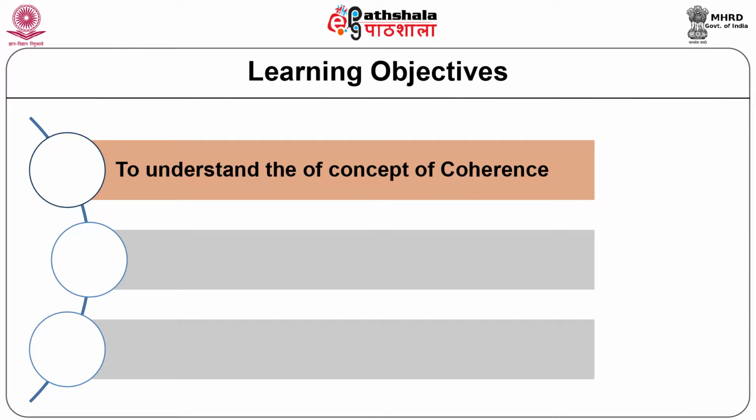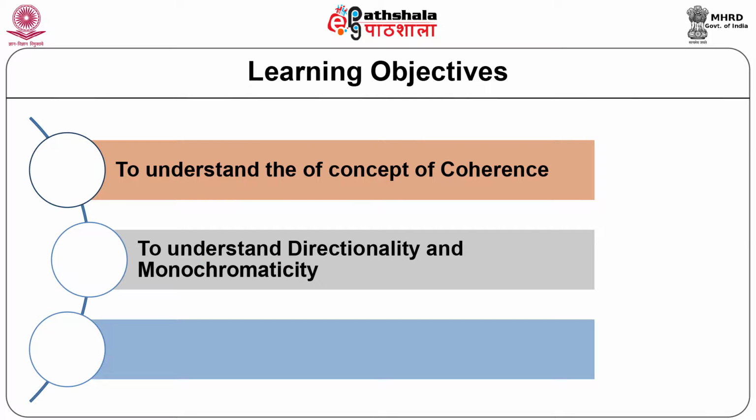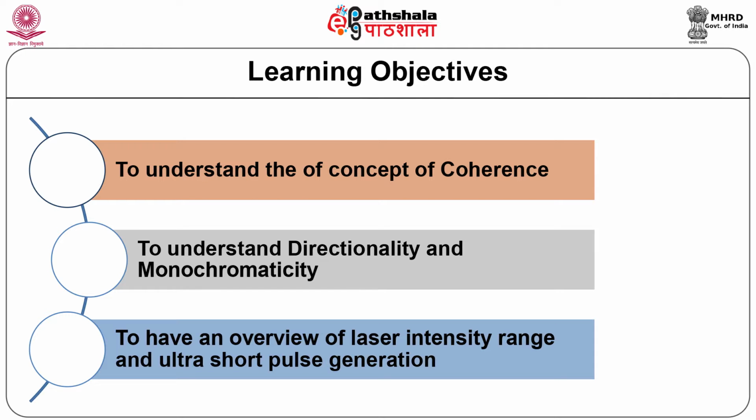In the first part, we will understand the different properties of laser: first we understand what is coherence, then what is directionality and monochromaticity, and an overview of laser intensity range and short pulse generation.